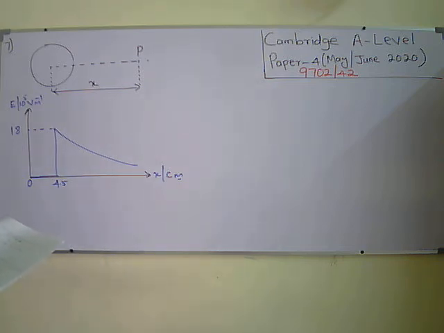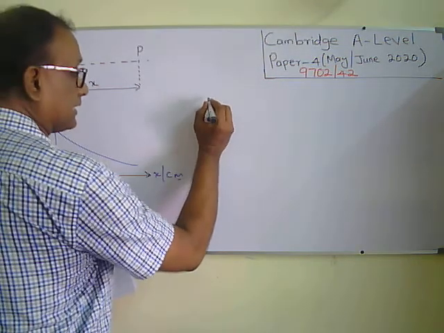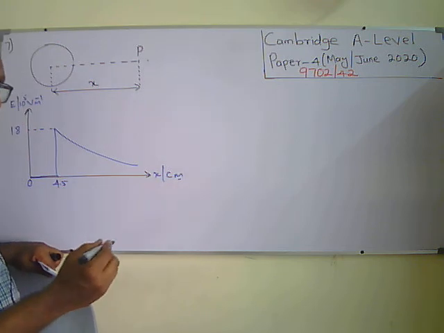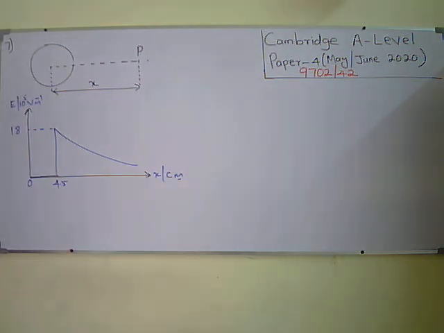Actually, from the graph, we can say R is equal to 4.5 centimeter since electric field strength is 0 up to 4.5 centimeter. Or you can say inside a metal, electric field strength will be equal to 0. So up to 4.5 centimeter, electric field strength is 0. Therefore, the radius is 4.5 centimeter.